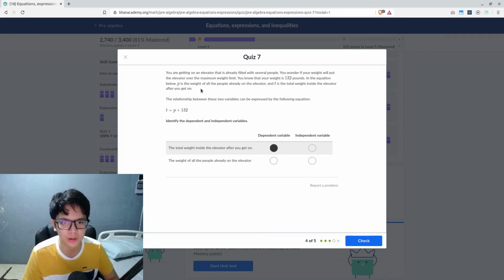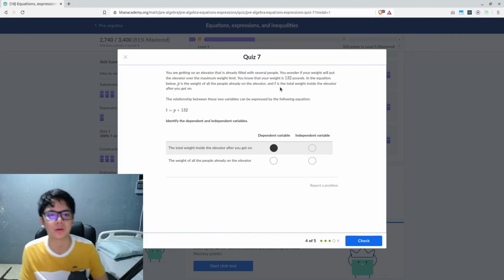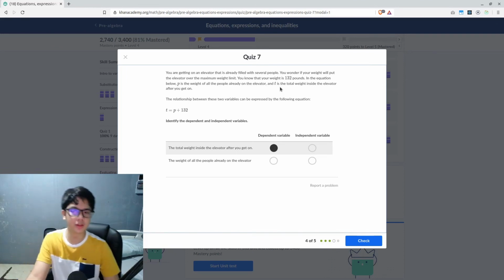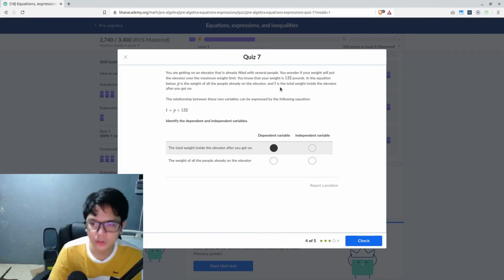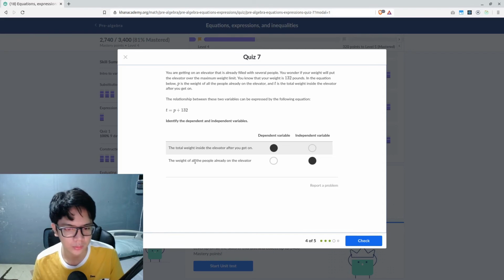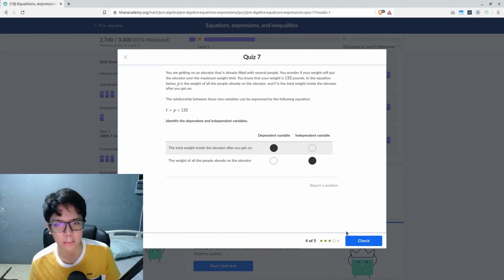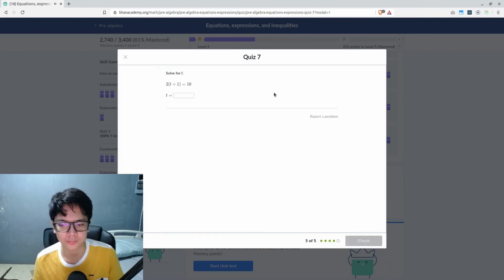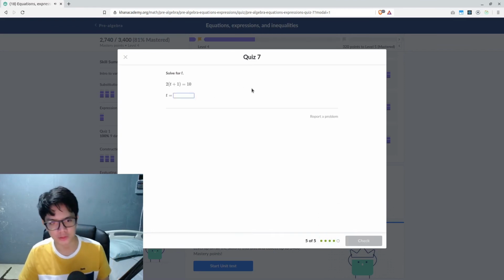Wait, P is the weight of people. Okay, and T is the total weight inside the elevator after you get on. Solve for T. Okay, cool.